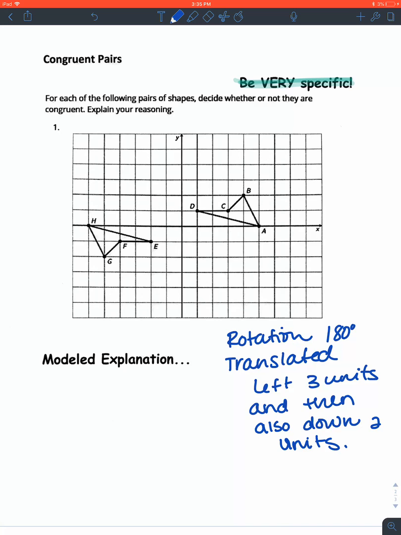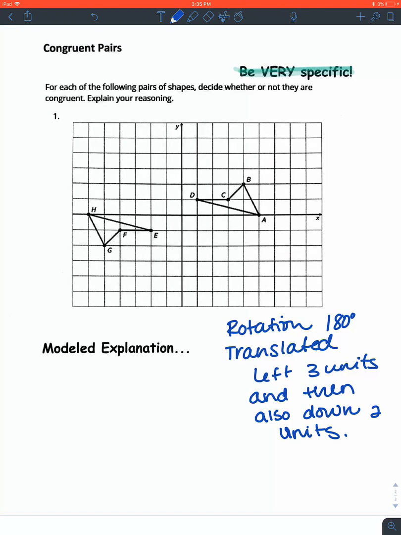From here, I'm able to write my explanation of why I believe one polygon is congruent to the other polygon. So I'm going to write that in red.